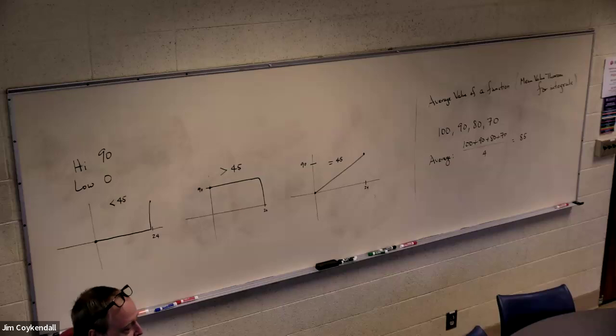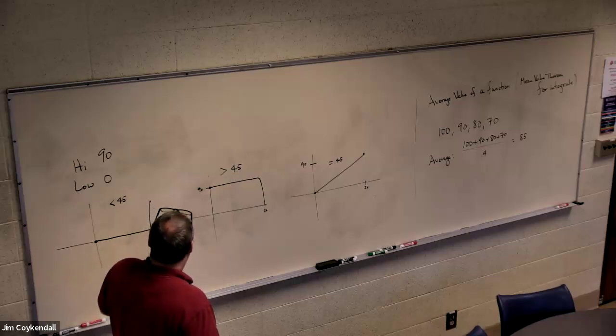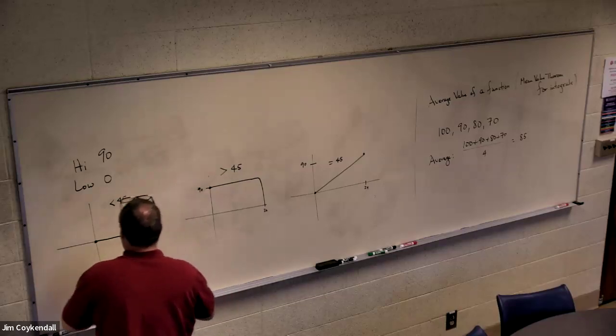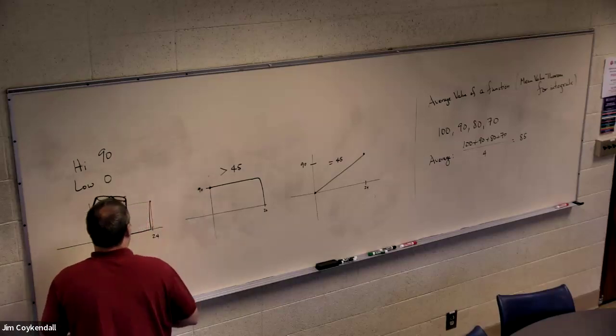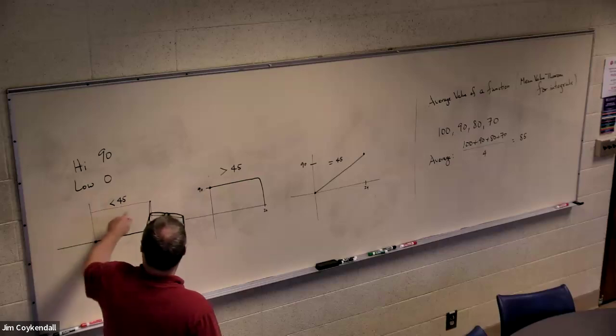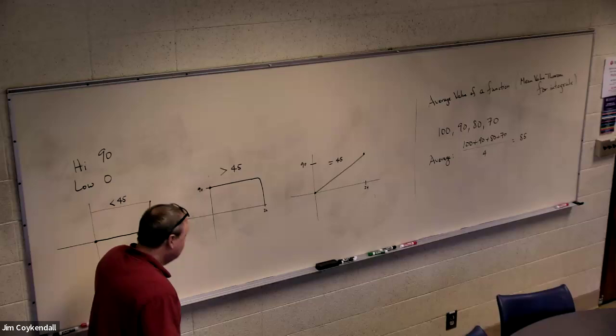We're talking about intervals here. See this box right here. The area under this box is 24 by 90, right?